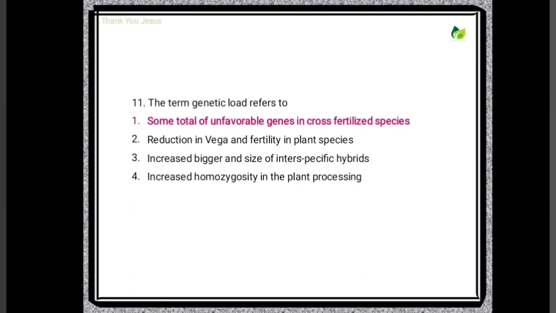The correct answer is sum total of unfavorable genes in cross fertilized species. Unfavorable genes are nothing but deleterious genes, harmful genes in a gene pool, and that is referred to as genetic load.